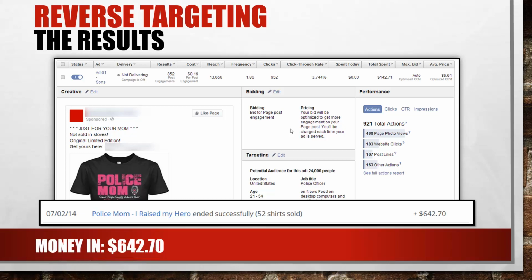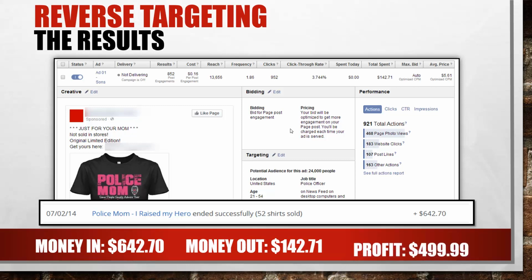We generated $642.70 in sales. The money out, what we spent on ads, was $142.71. So for this 7-day campaign, we made $499.99. For a week's worth of work with this one ad, with this one campaign, we made $500. It's pretty powerful.